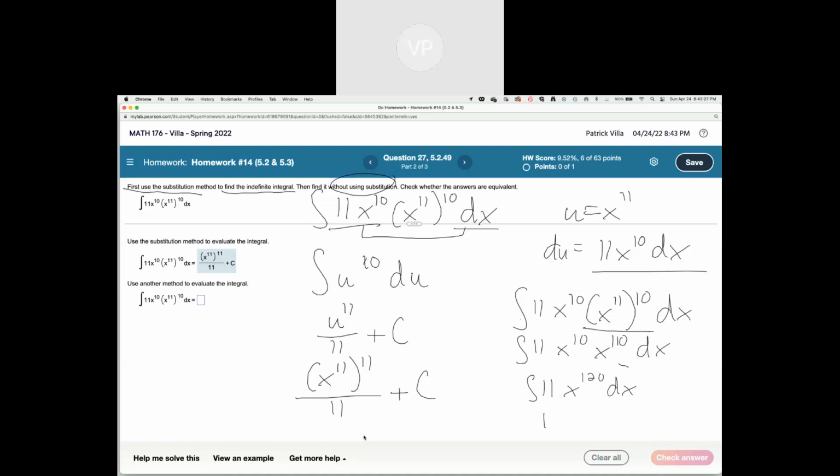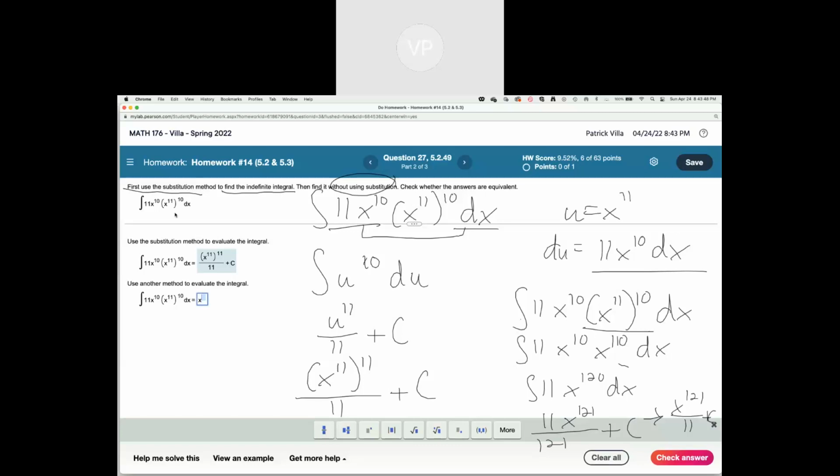So I can actually integrate that where, let's go one power higher, divide by the new power, 121 plus c. And then last, 11 over 121 becomes x to the 121 over 11 plus c. And I'll show you why these are good.